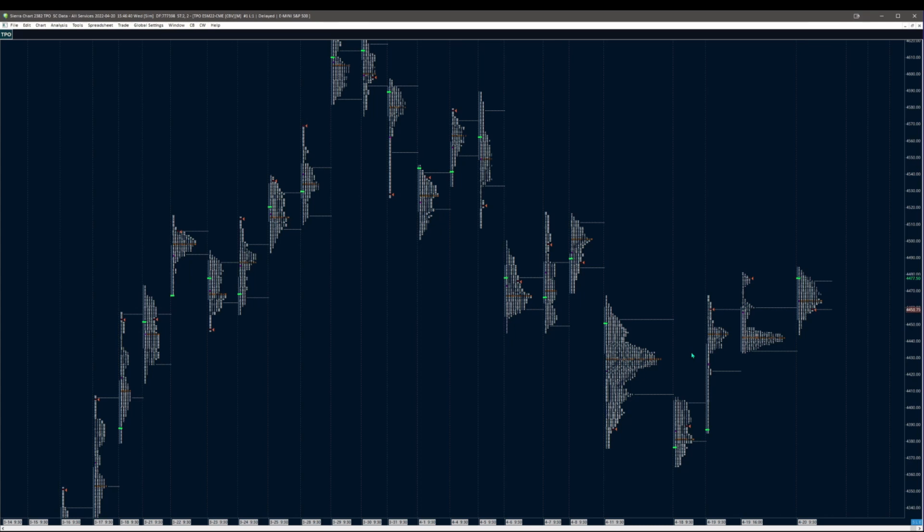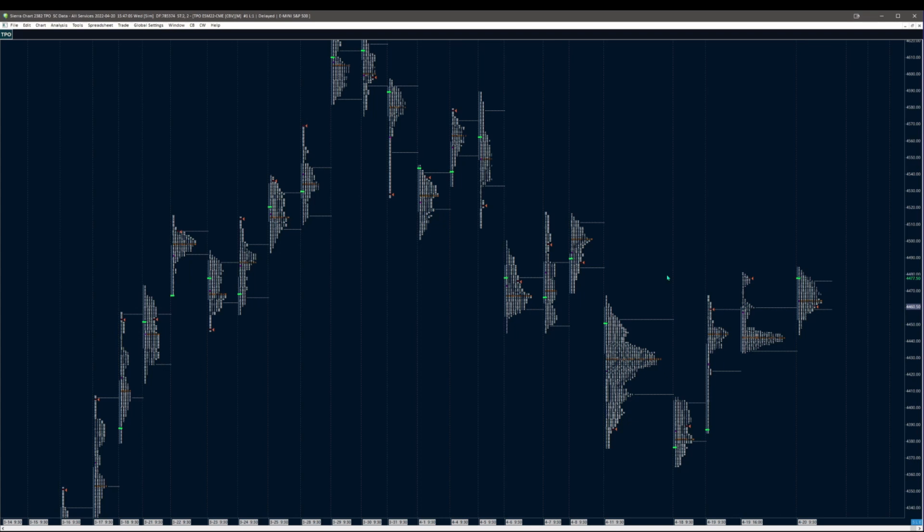Once it tests that point and fails to break out in imbalance in that direction, it falls back into the balance, digests that action, and has a probability of testing the other side of balance and maybe imbalancing out from there.